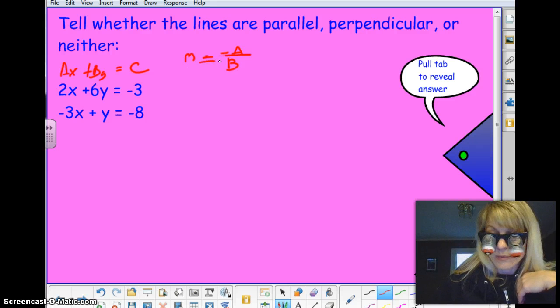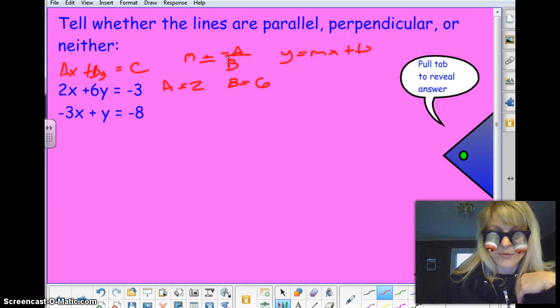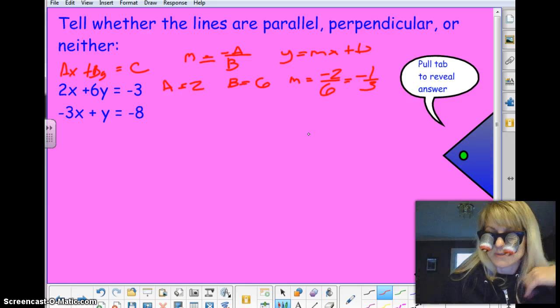Or, if I can't remember that, I can always change this into y = mx + b, get y by itself, and I'll know the m. So in this case, it's pretty easy to determine that the A is 2 and the B is 6. So if I'm going to use this formula, the slope would be negative 2 over 6, or negative 1/3 if I reduce it, right?